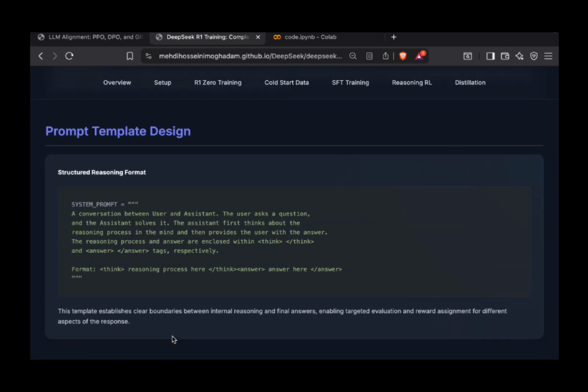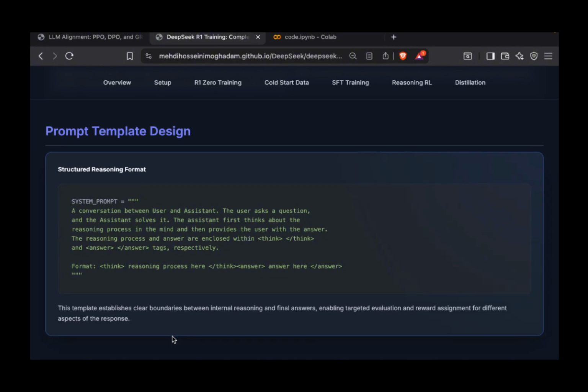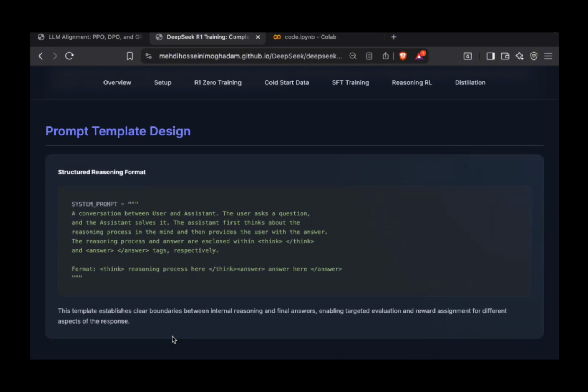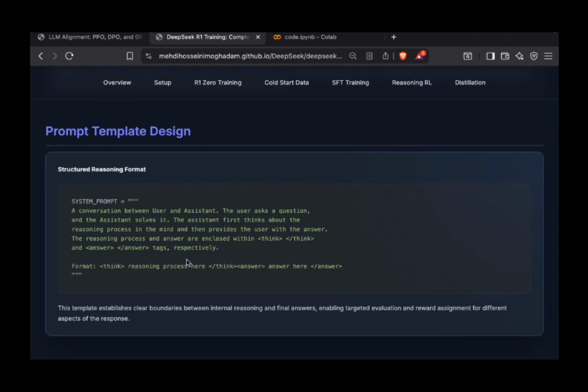So technically, as I said, we are trying to give this model the capability of reasoning, to be able to reason. So the system prompt is, in fact, giving it directions on how it should think and how it should answer. The assistant first thinks about the reasoning process in the mind and then provides the user with the answer.